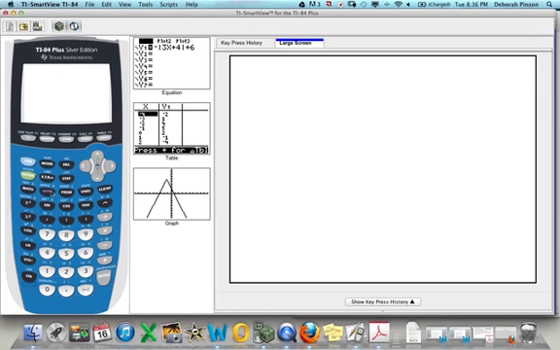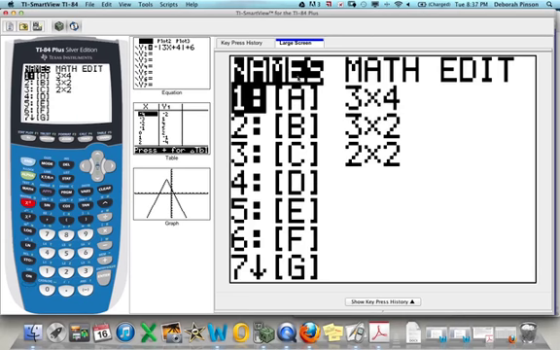You will see right here, here's my cursor, and I'm moving it over here onto the keyboard. You'll see right here is your matrix menu. To get to it, you need to hit second and then this button right here. So second matrix. Now your first column has your matrix stored in there, but it's only if you want to say I'm using matrix A. So you aren't going to actually go there yet.